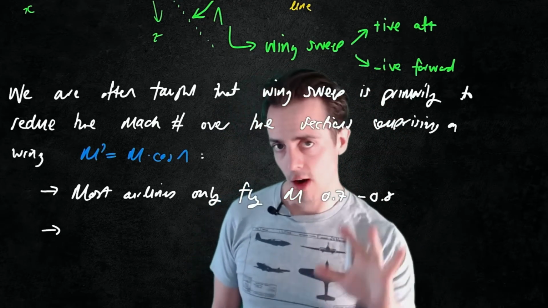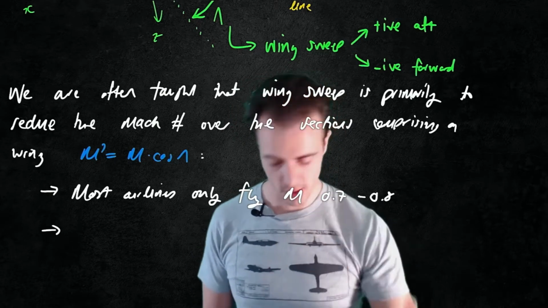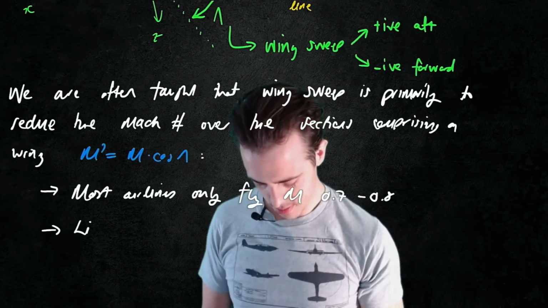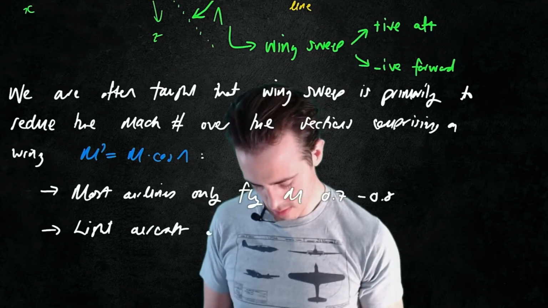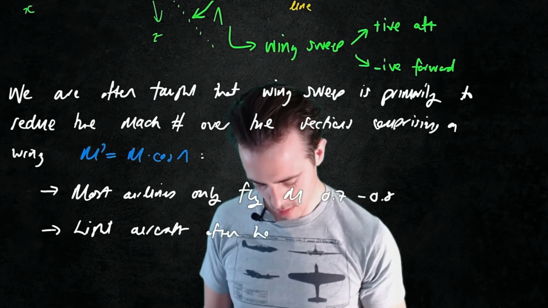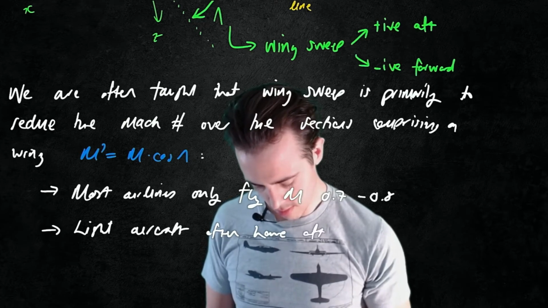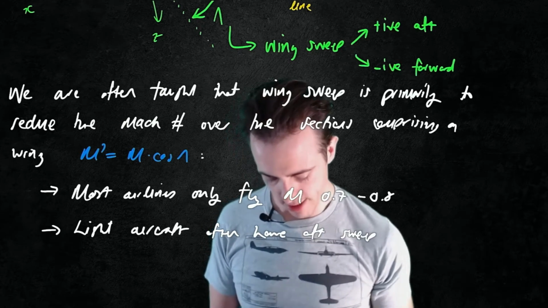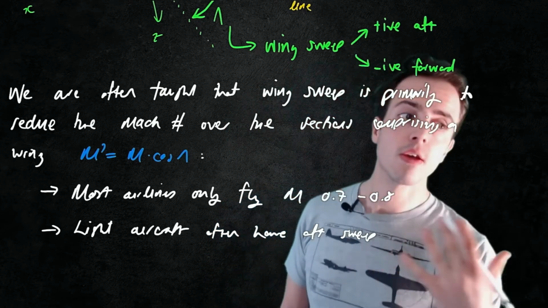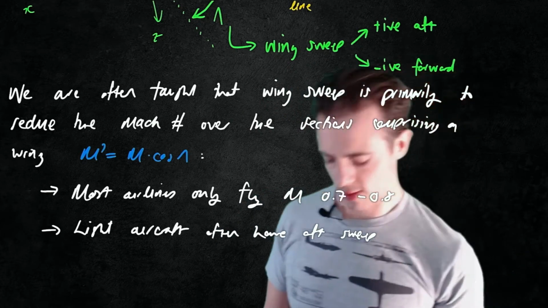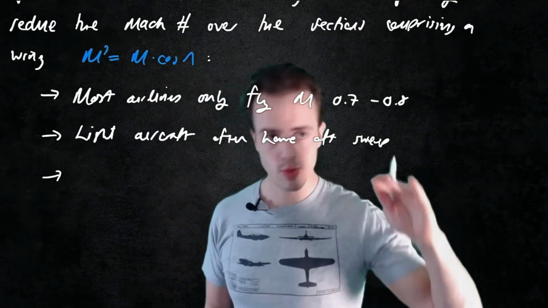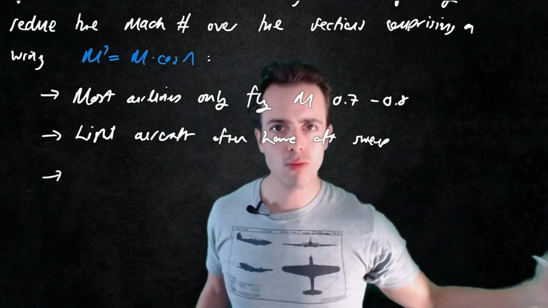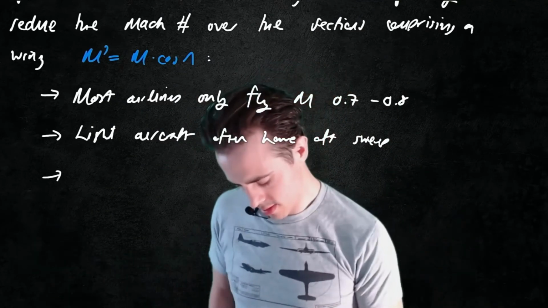Also, light aircraft often are present with a degree of wing sweep as well, and in fact, you'll see some gliders that have aft wing sweep. And also, if this was the only reason why we had aft wing sweep, then why wouldn't we have forward sweep?